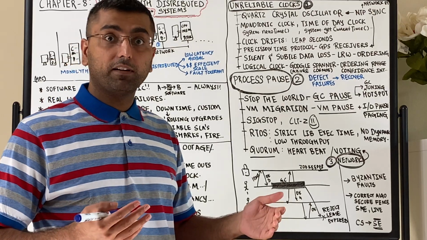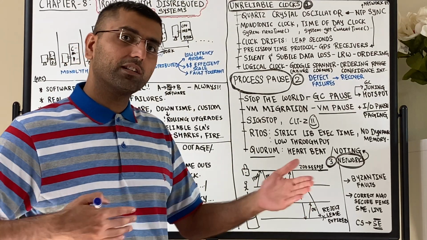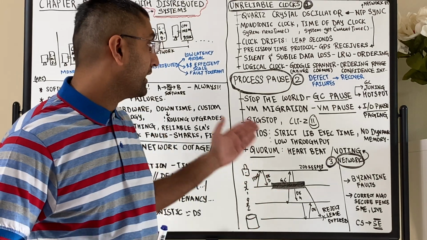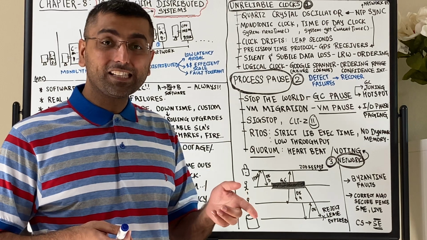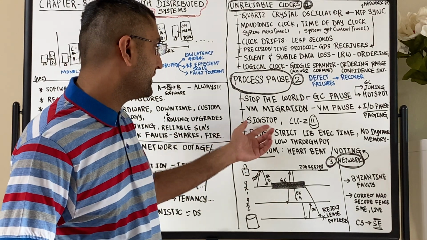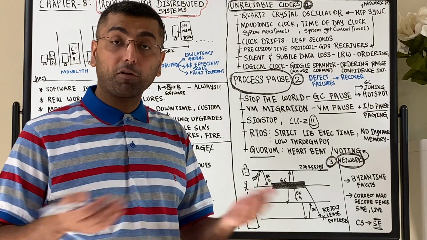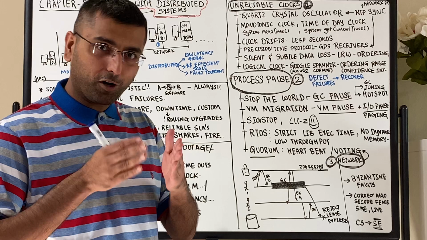Virtual machines, right? Especially in the cloud setup, there's multi-tenancy, so migrations happen, switches happen, and that could cause a pause. Even as simple as on your own machine, you do Control Z on the shell, it sends a stop signal, and the process is just stopped. It could be in the middle of something. So there are many reasons why a process can be paused or killed.